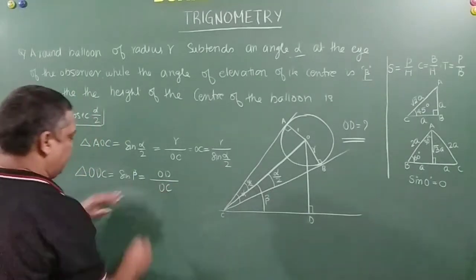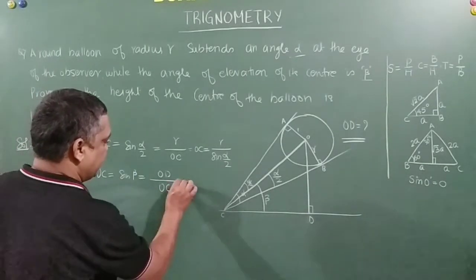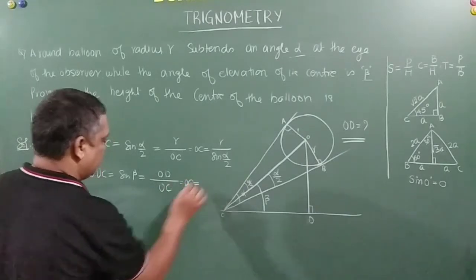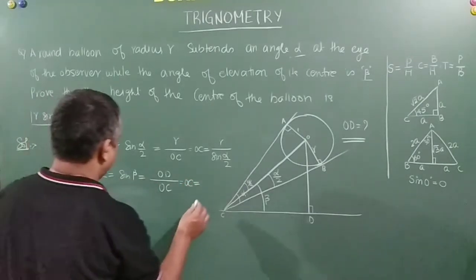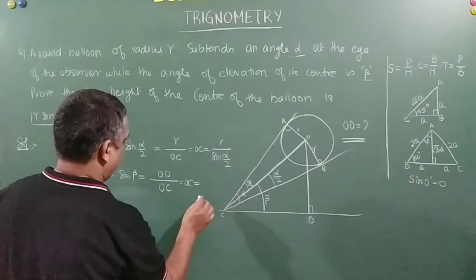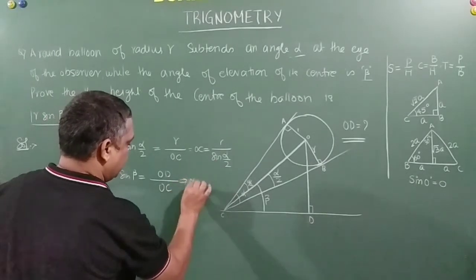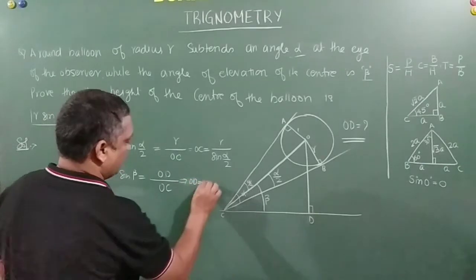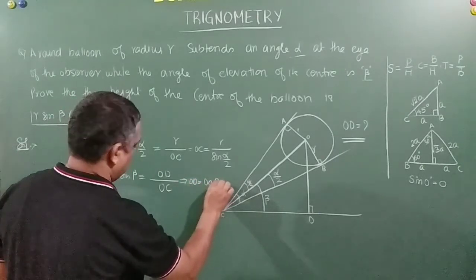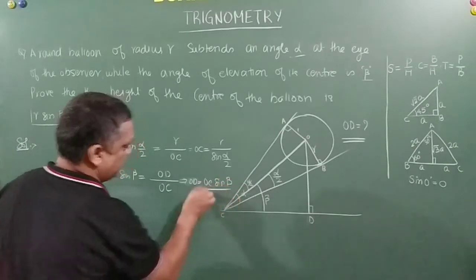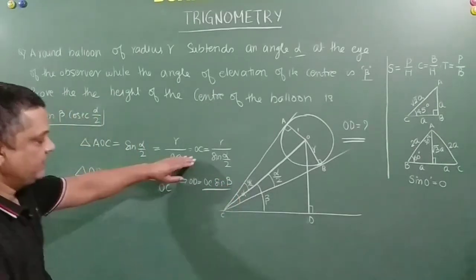So from this, can we say that OC is equal to OD by sin beta, or can this be written as OD is equal to OC into sin beta? You all agree with me?